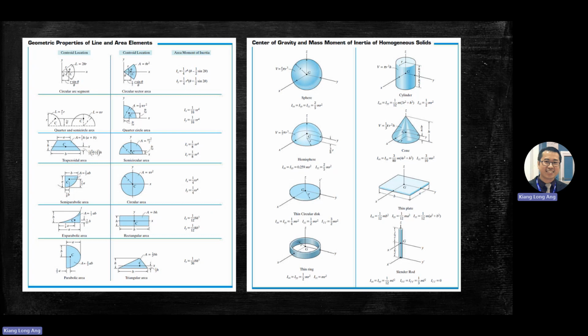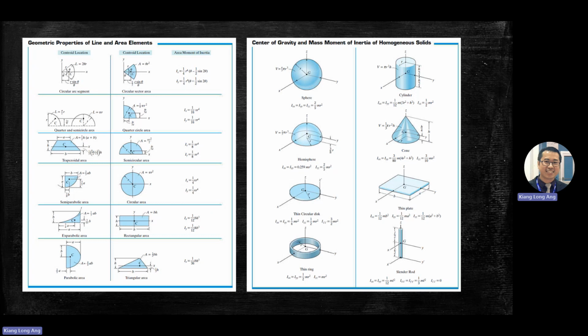So for example, the plate. You have X, Y, and Z also. You're sure there's a G point there, the center of mass point. So it depends on where your axis is. If you look from here, then you use the x-axis. You look from here, you use the y-axis.